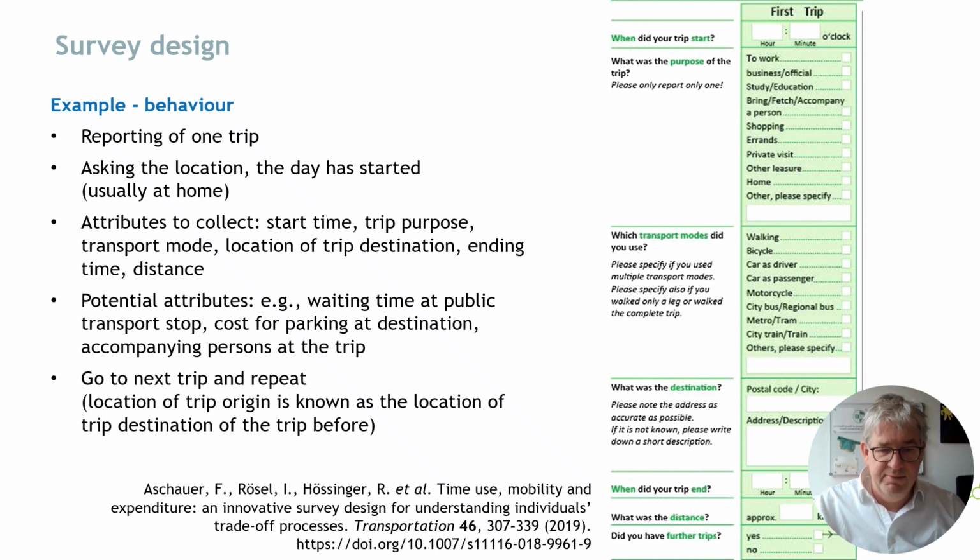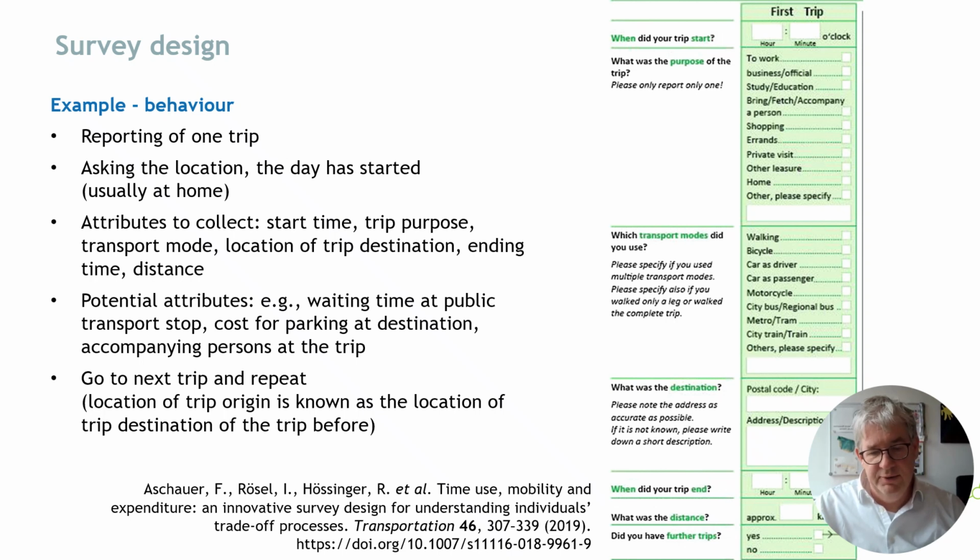Of course, sometimes you're interested in specific attributes of this trip, like waiting time at a public transport stop, or the parking costs at the destination, or whether you shared your trip with other persons. This you can enrich in this survey.